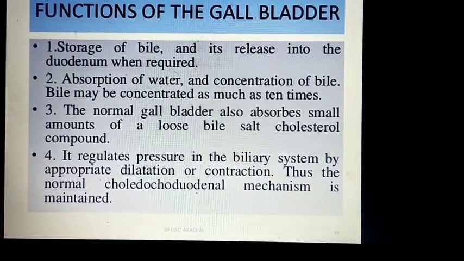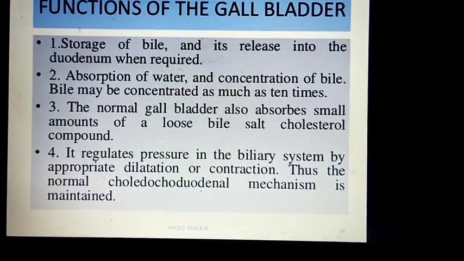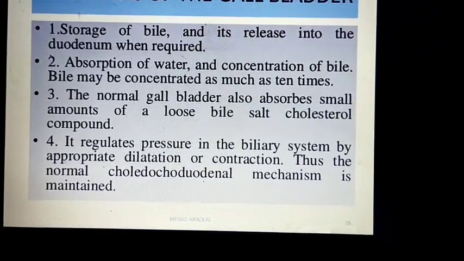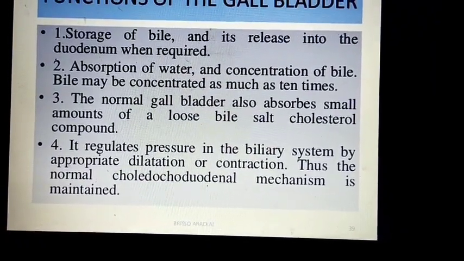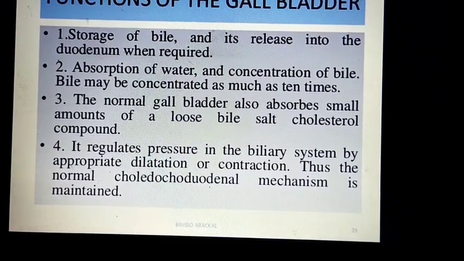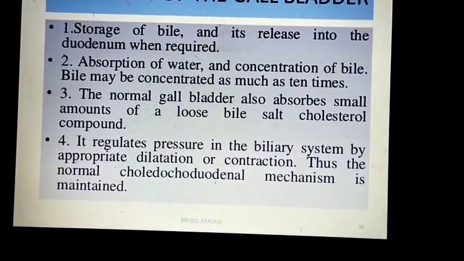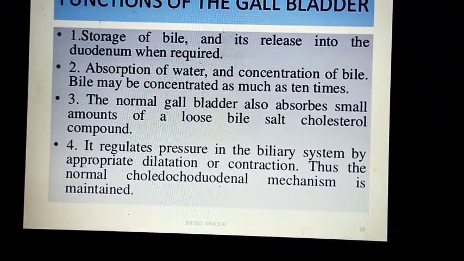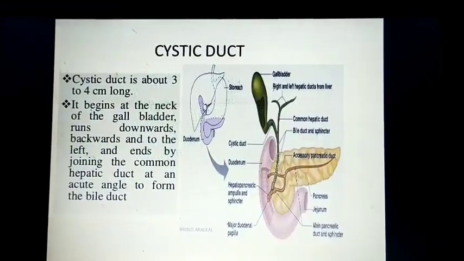The normal gallbladder also absorbs a small amount of bile salts and cholesterol compounds. It regulates pressure in the biliary system by absorption, dilation and contraction. Thus the normal choledochoduodenal mechanism is maintained. Can go for the next slide.